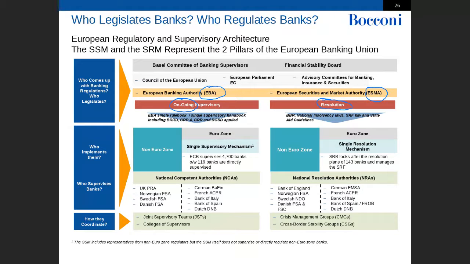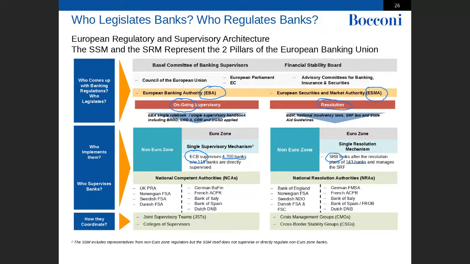And then you have the ECB, that is the supervisory board, regulating the activity, both in case of ongoing and in case of resolution, with different mechanisms. Here the ECB supervises 4,700 banks. The SRB, that is the arm of the ECB taking care of the resolution, is at the moment supervising 403 banks that are in resolution.